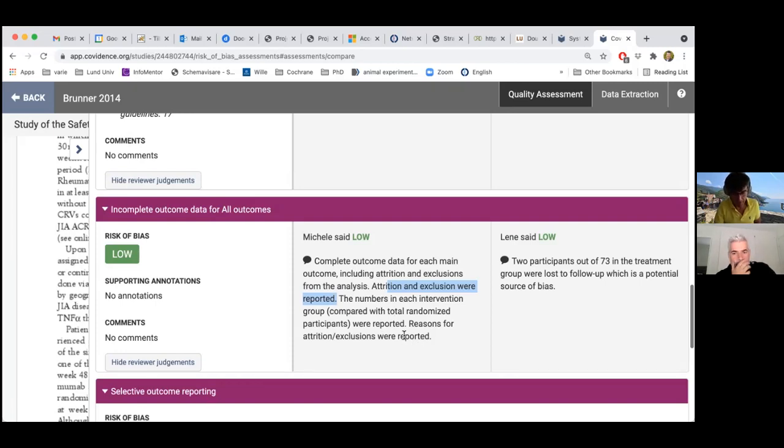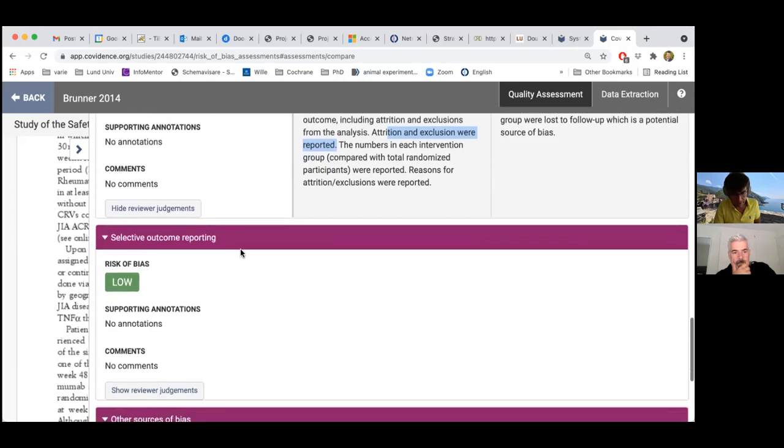Then number 6 is selective outcome reporting, so reporting bias. So this is what I was mentioning at the beginning. So comparing what is in the protocol and what is in the final publication. And like in this case, it's 5 publications, so we should check the 5 publications to see if there are discrepancies.